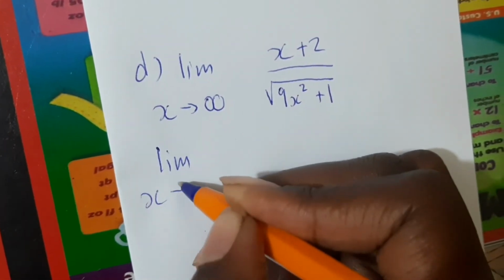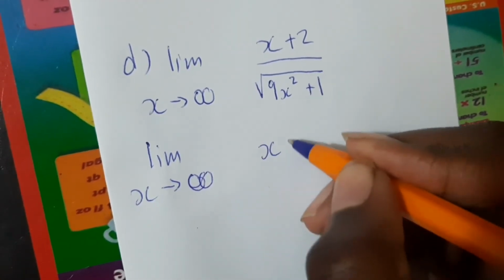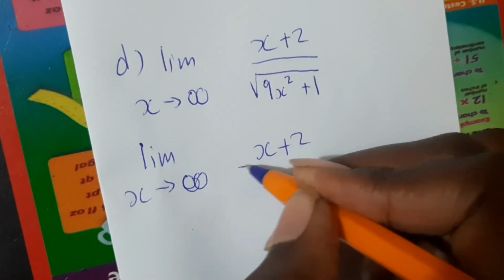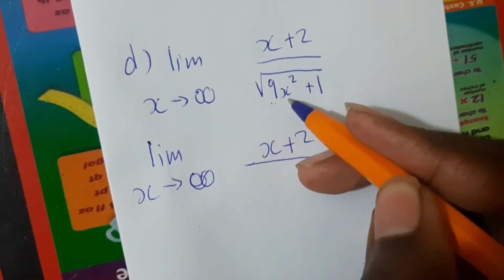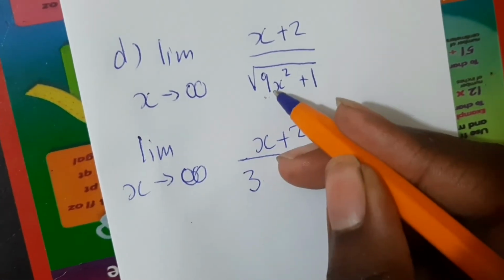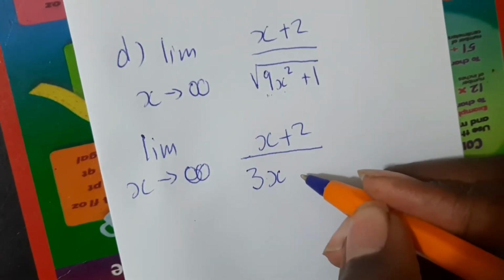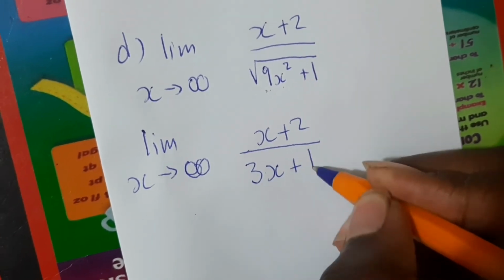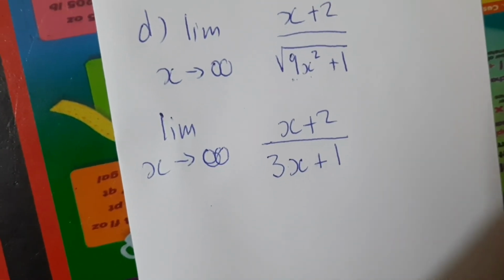So x to the limit of infinity, we're going to have x plus 2 over, what is the square root of 9 and x squared? The square root of 9 is 3. Square root of x squared is just x. And then the square root of positive 1 is 1. So this is the less complicated version of this.